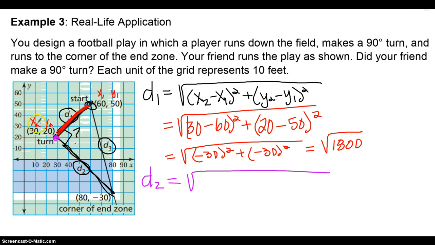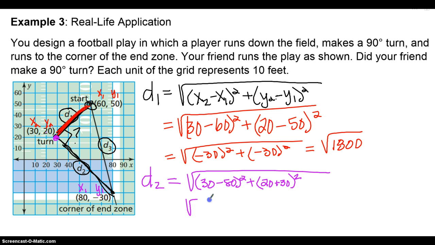So now I can keep this as x2 and y2, and now this is going to be x1 and y1. So distance 2 is x2, which is 30, minus x1, which is 80, all of that squared, plus y2, which is 20, minus a negative 30, which is really the same thing as plus 30 squared.